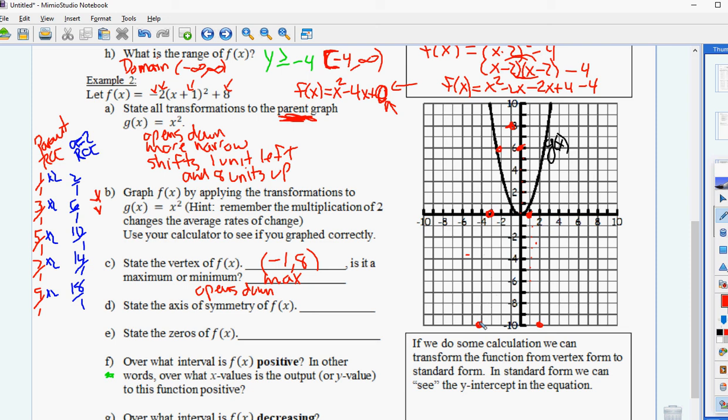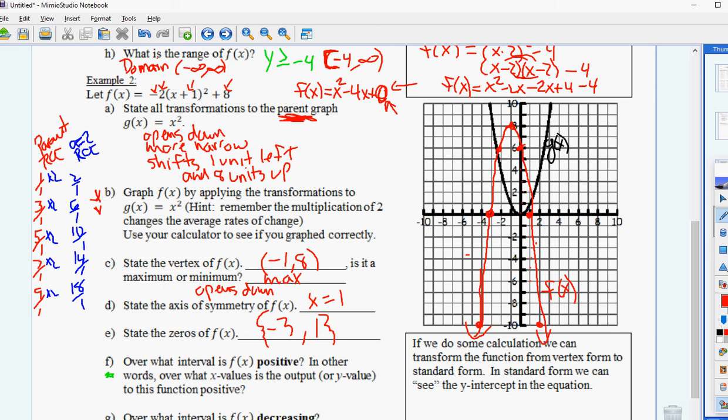Alright, and then I connect it with a smooth curve. And label it. The axis of symmetry goes through where x is negative 1. The zeros are at negative 3 and 1.